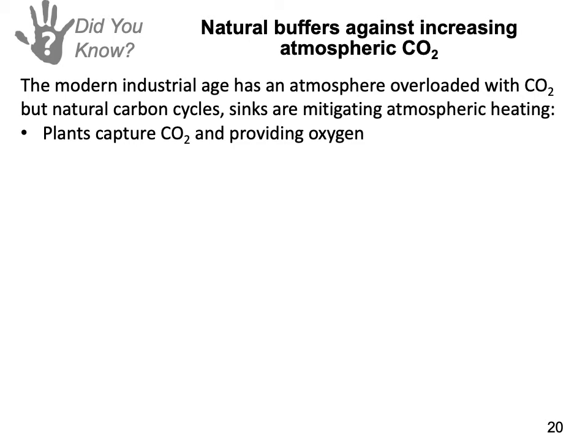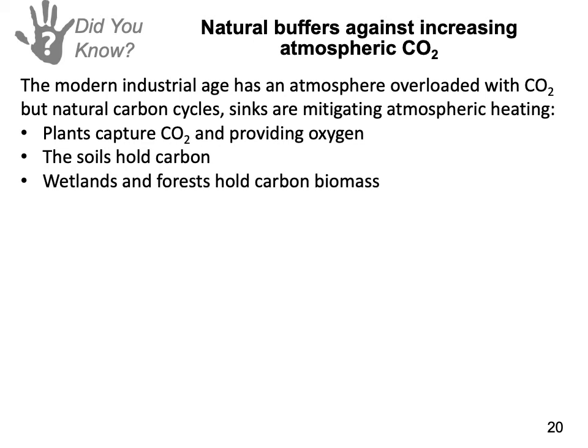So when the carbon started to increase, well, plant capture continued. And soils hold carbon, but not as much as they used to because of agriculture. And wetlands and forests hold carbon biomass, but wetlands are diminishing and forests are decreasing so that there's less capacity. So the rescue has really come from the oceans as a vast carbon sink.